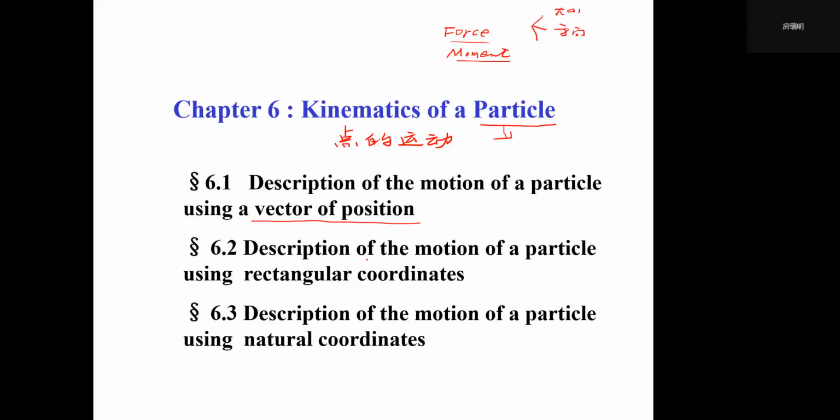The second will be the description of the motion of a particle using rectangular coordinates. Actually, the first description will give us a vector direction, right? It can help us become familiar when we try to study the movement of a point named M. So we just study the vector OM.